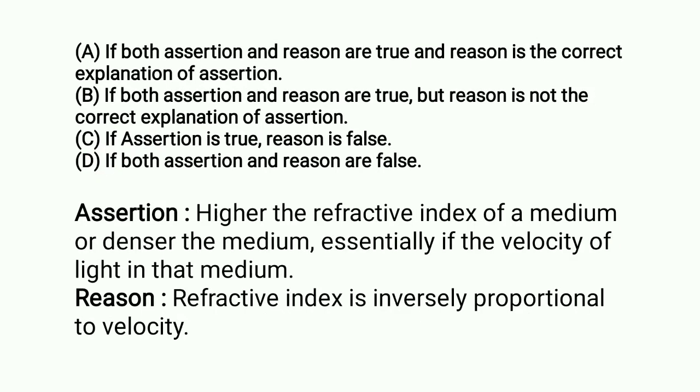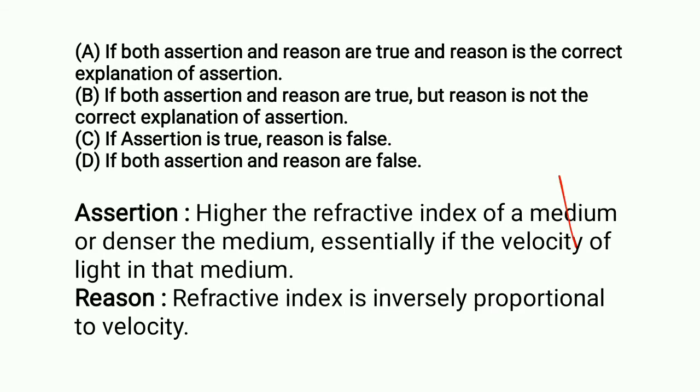Next question, assertion: higher the refractive index of a medium or denser the medium, the lower the speed of light in that medium. So here we have the statement, that is the assertion: higher the refractive index of the medium or the denser, the lower the velocity of the light in that medium.